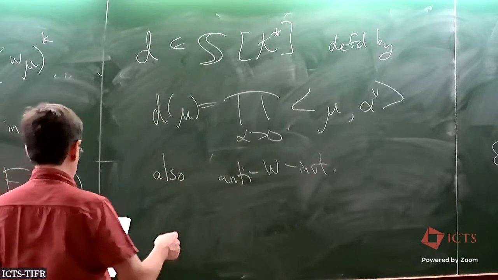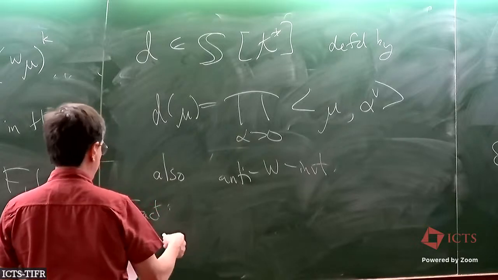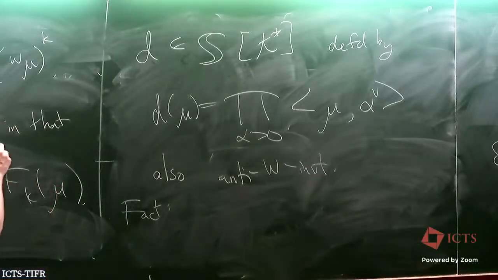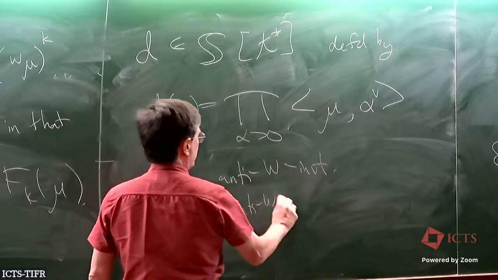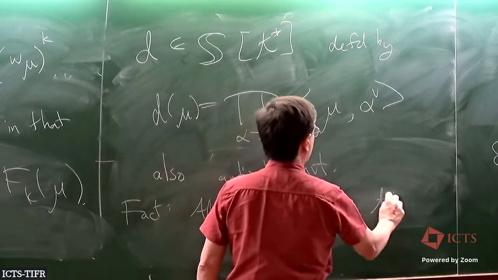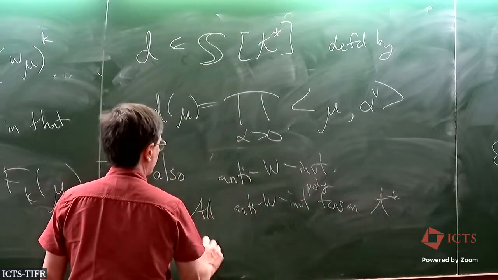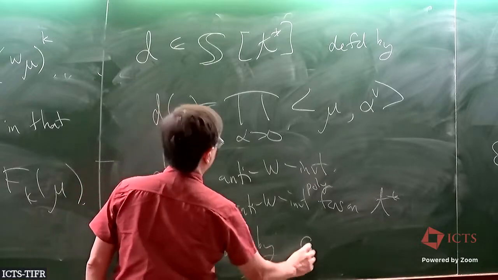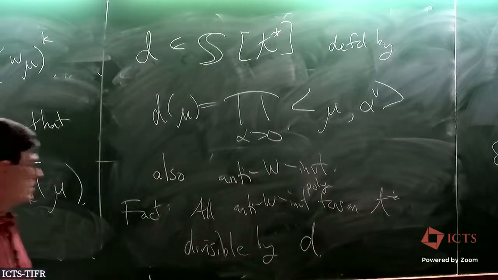So in fact, all anti-W invariant functions on T star, or maybe I should say polynomial functions, are divisible by this D. So I should divide by the D and I'll get a symmetric polynomial.